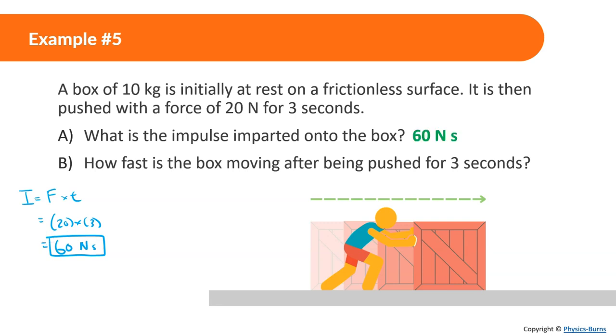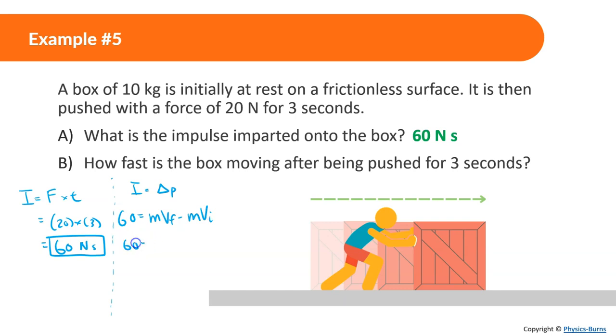Okay. B is how fast is the box moving after being pushed for 3 seconds. So you can do this with what we learned with Newton's laws. And actually Newton thought about Newton's third law more with this kind of formula. But we should also know that impulse is equal to change in momentum. We know impulse is equal to 60, and we know change in momentum is mass times velocity final minus mass times velocity initial.